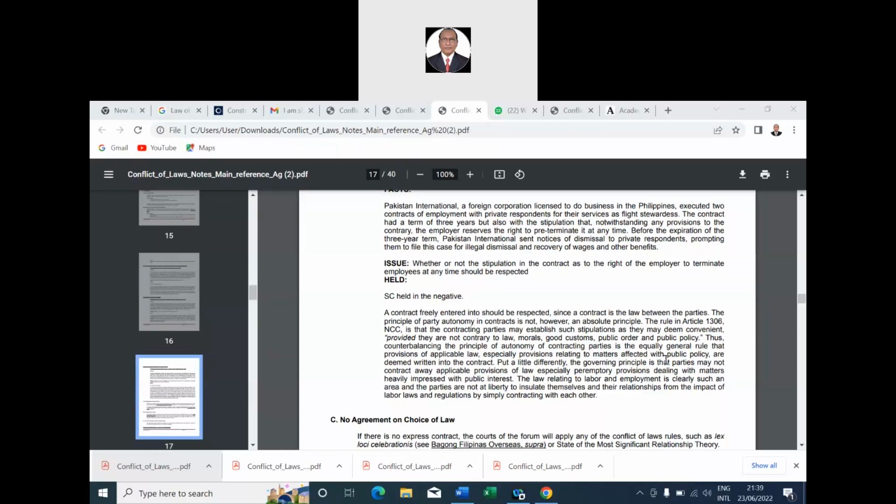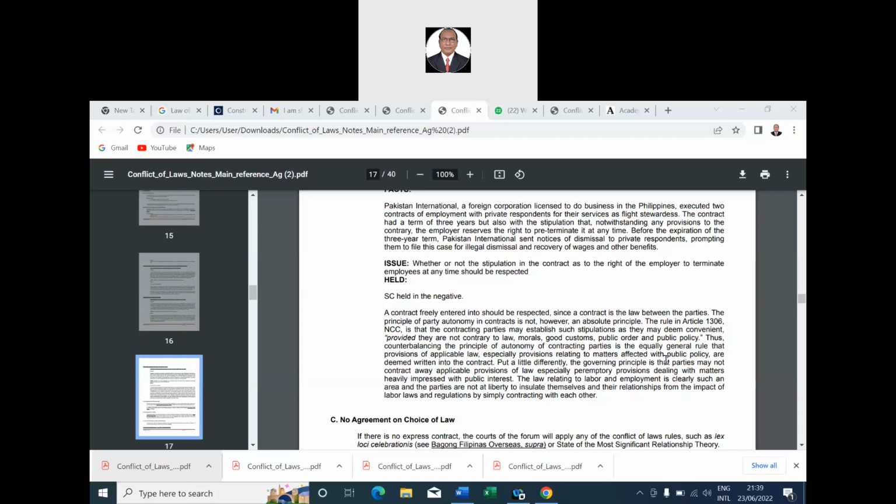Because the employer has the higher bottom line and the employee has the lower bottom line. At that instance, the employer tries to make the employee accept the employment contract. So that is called an adhesive contract also, a standard form of contract. At that instance, you don't have any say because it is already printed over there and you have to sign, that's all.